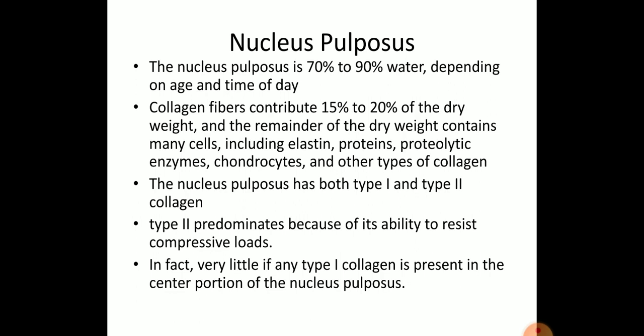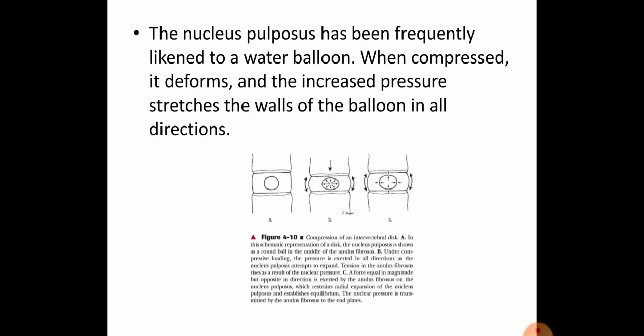In fact, a very little amount of type 1 collagen is present in the central portion of the nucleus pulposus. So both types of collagen fibers are present, but the amounts vary.